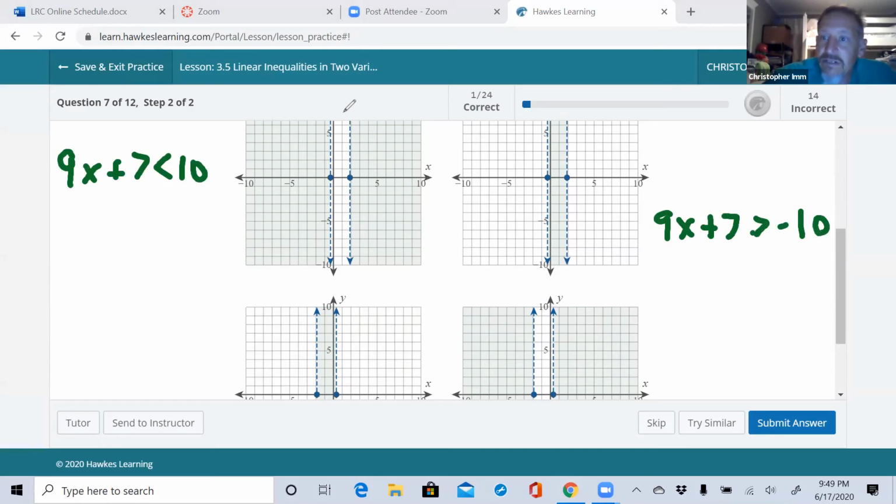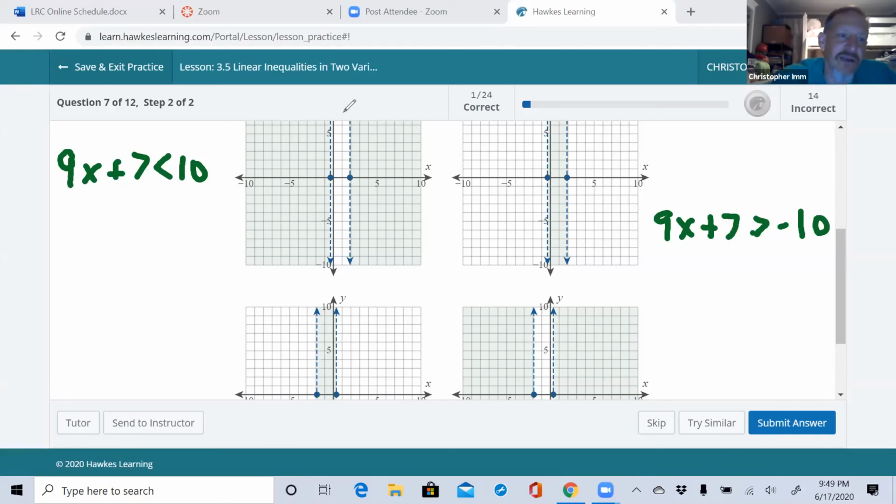If I was to put this in the y equals mx plus b form, the slope-intercept form, I couldn't do it because there's no y, right? But we've seen these before. These are going to be those vertical lines, and you can see that those are our choices.